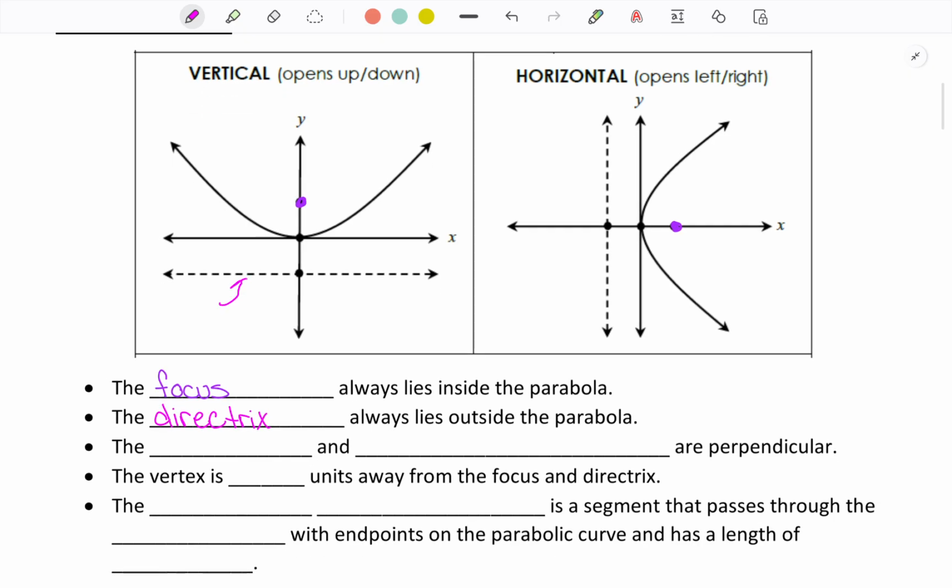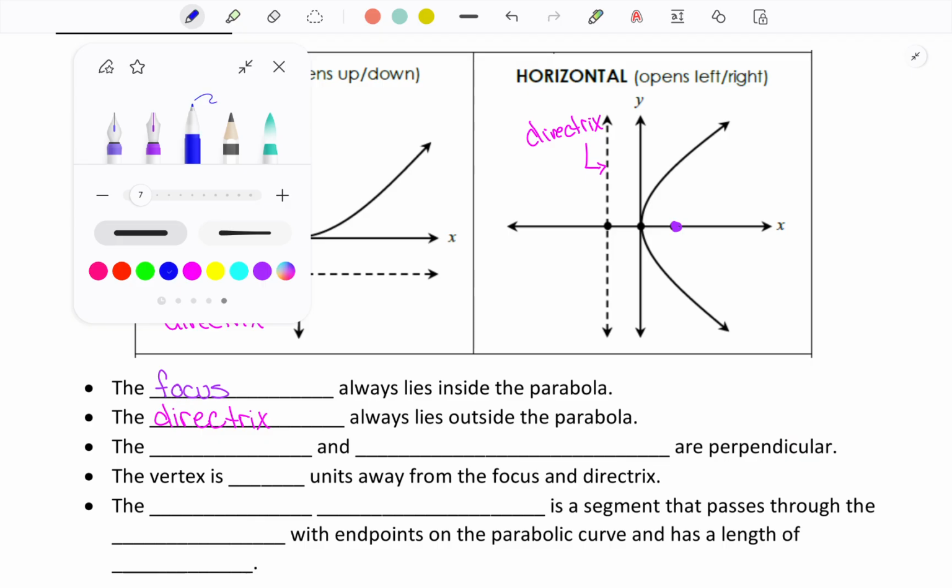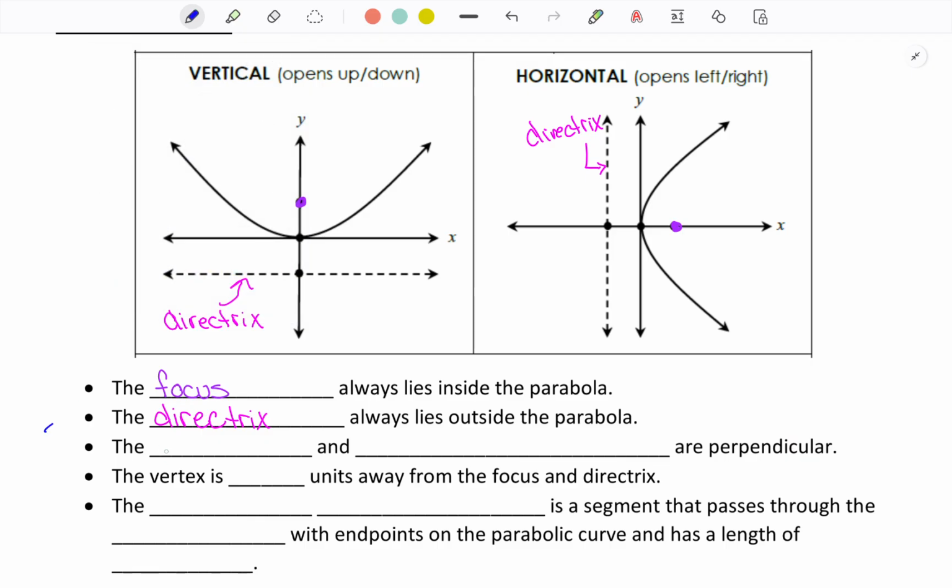And so the directrix is this line that is below. Kind of looks like it is behind the parabola. The directrix and the axis of symmetry are perpendicular.